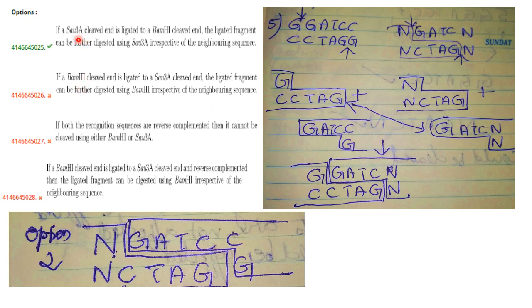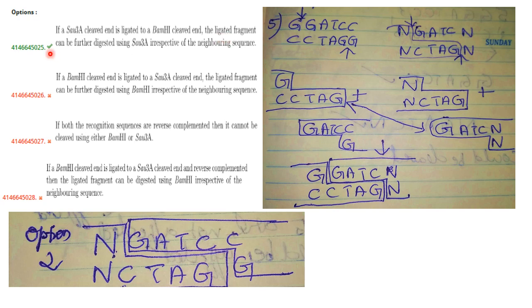Now if what they have told, if Sau3A cleaved end is ligated to BamHI cleaved end. Now this is BamHI cleaved end, this is Sau3A cleaved end. Both of them are ligated, you will get the product like this. You can even ligate these two also, I have shown only one. So this is the ligation product that you get.